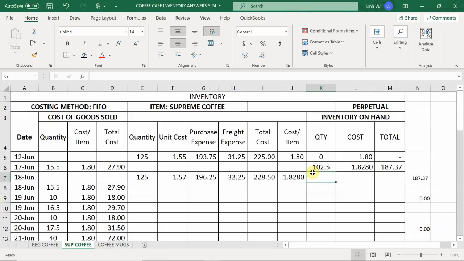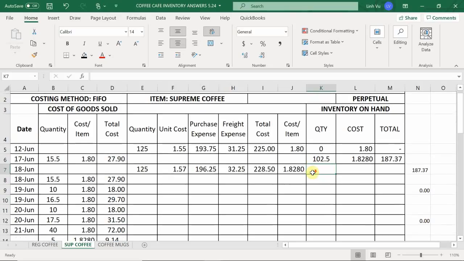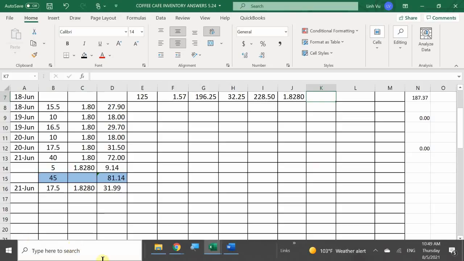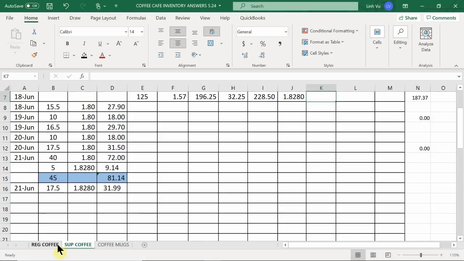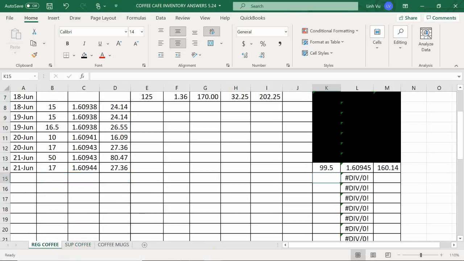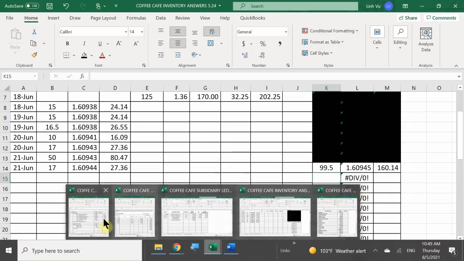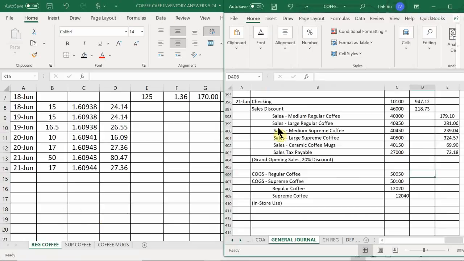Okay. So now my updated inventory is 187.37 with 102.5 pounds left in my inventory. So here I used $31.99 for my Supreme. Okay. So let's head to our journal here to update this transaction.